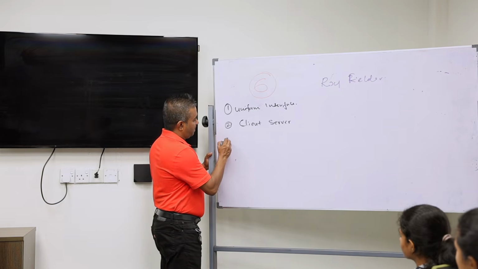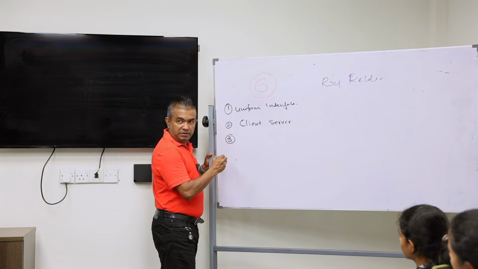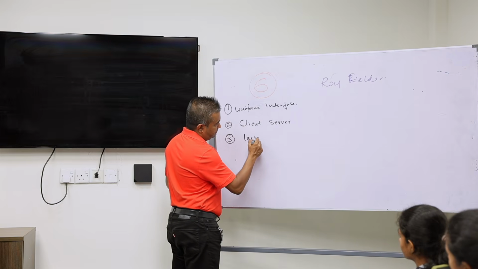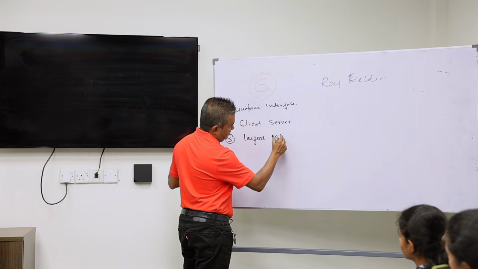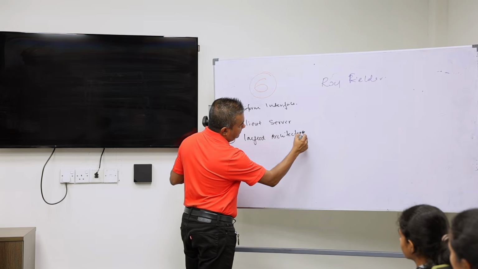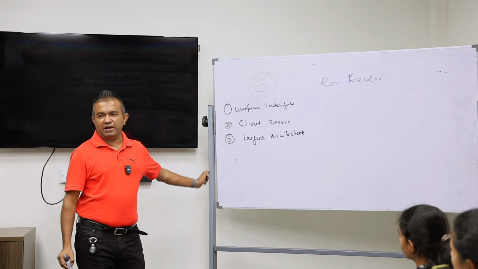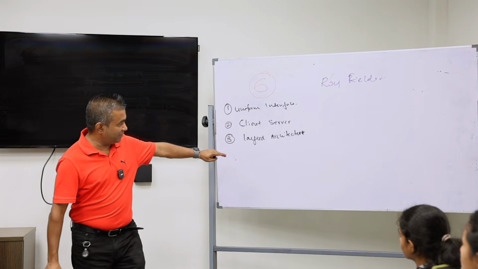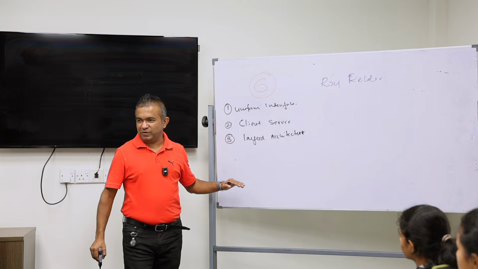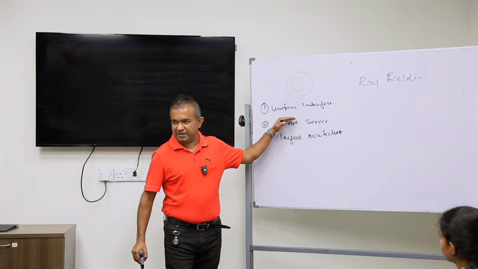And then the third one is layered architecture. Layered architecture means you may have multiple servers. It has a different meaning based on the context. When you go inside a service, you have a different layered architecture.